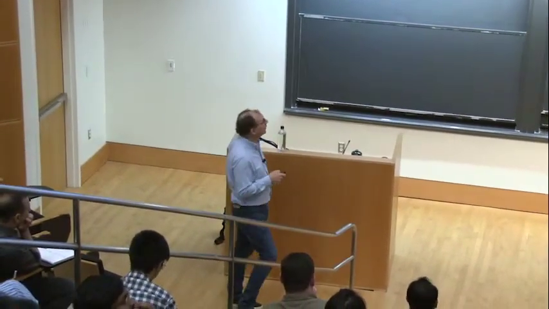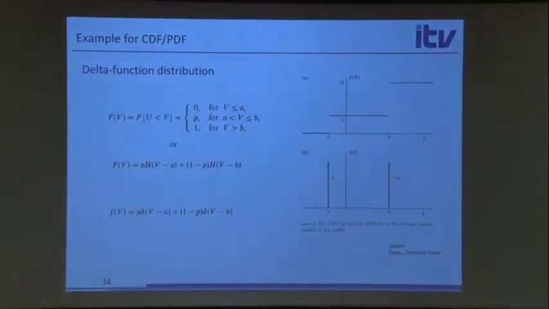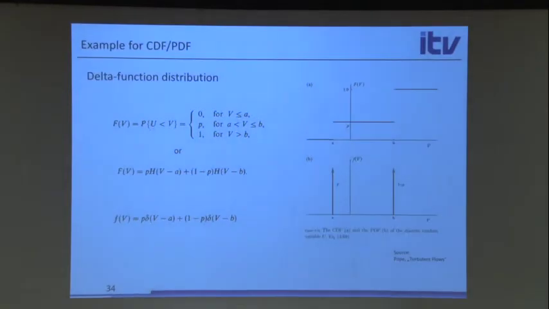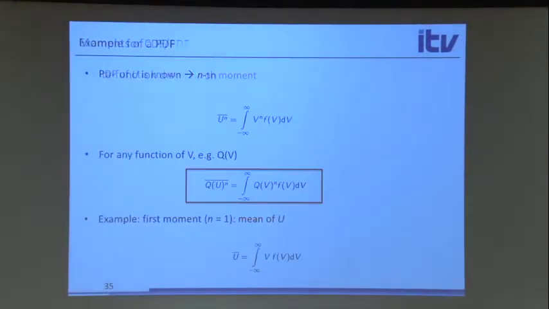Then you would have one of these at 0 and one of these at 1, and the strength of both of these shifts depending on what you do. Okay, so let's say we know the PDF. That is very nice because from the PDF you can determine all the moments of a function. You can determine the mean, the variance, and the third moment.